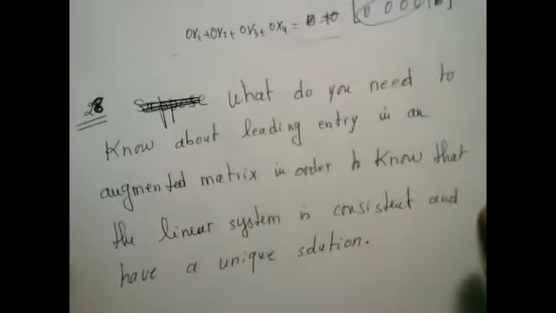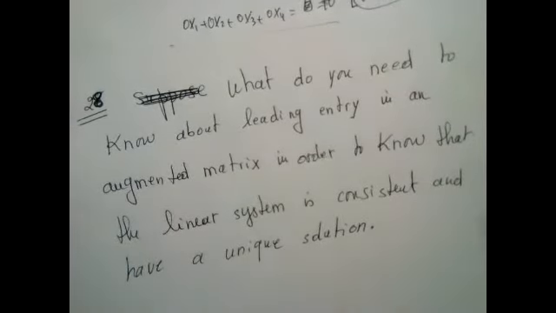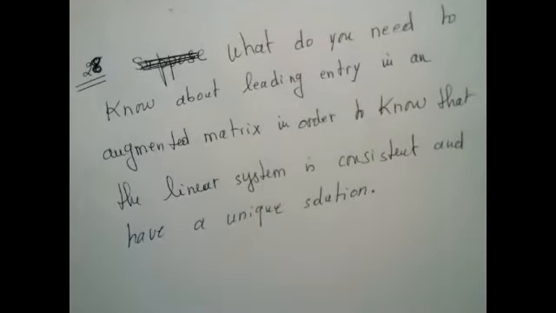All right, another question is again from your notes, number 28 in your homework. What do you need to know about leading entries in an augmented matrix in order to know that the linear system is consistent and has a unique solution? Always imagine the matrix, what's really going on, and what should happen.